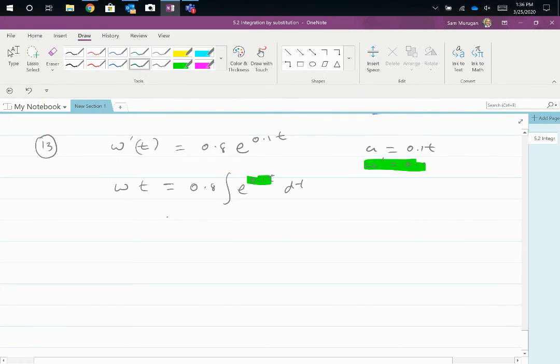So this is 0.8 integral 0.1 over 0.1 e to the power 0.1 t dt. We're going to bring that 0.1 outside from the denominator, and we're left in here with 0.1 e to the power 0.1 t dt.